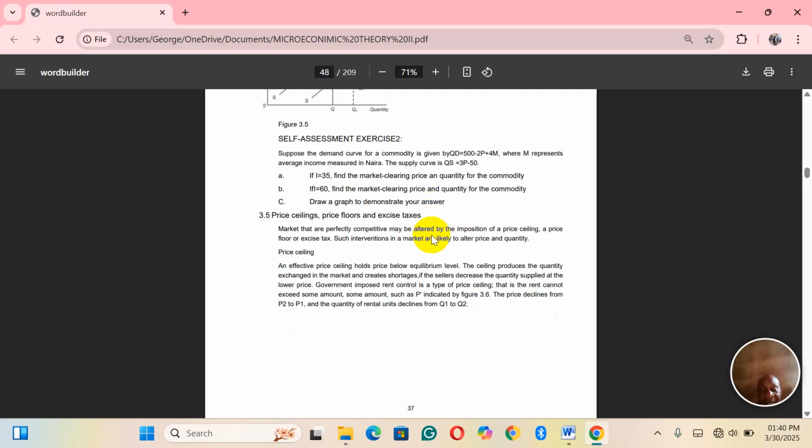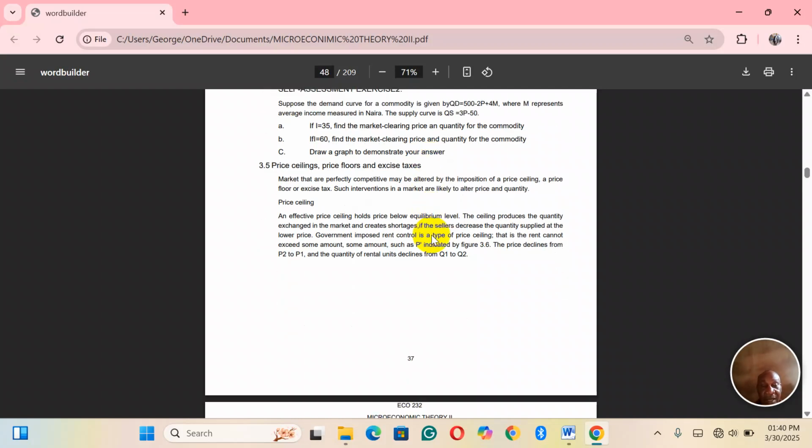So under the price ceiling, we say an effective price ceiling holds price below the equilibrium level, and the price ceiling also reduces the quantity exchanged in the market and creates shortages if the sellers decrease the quantity supplied at the lower price. So government-imposed rent control is a type of price ceiling.